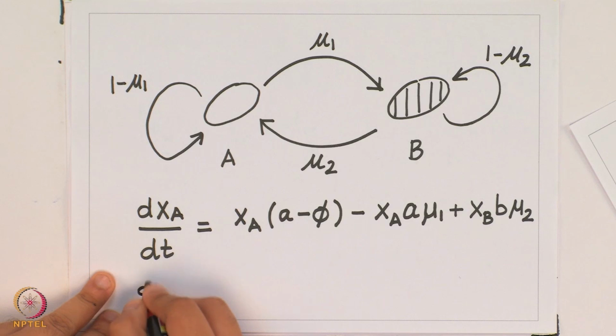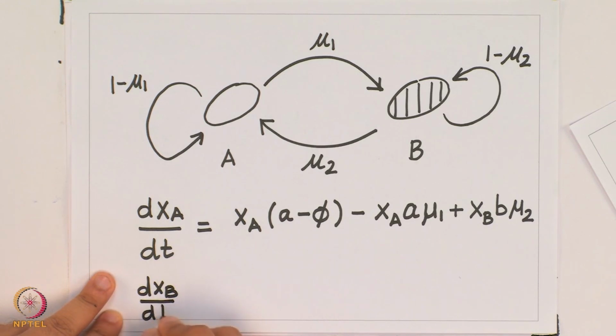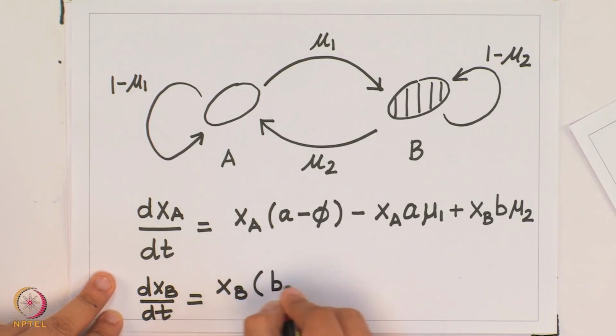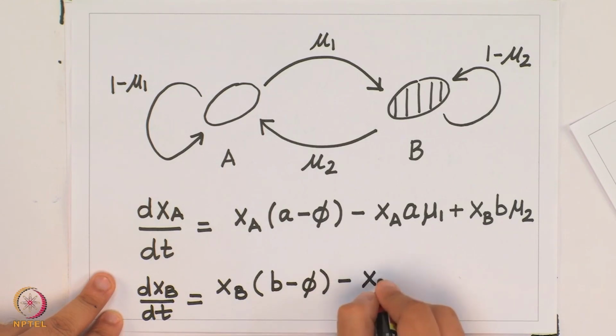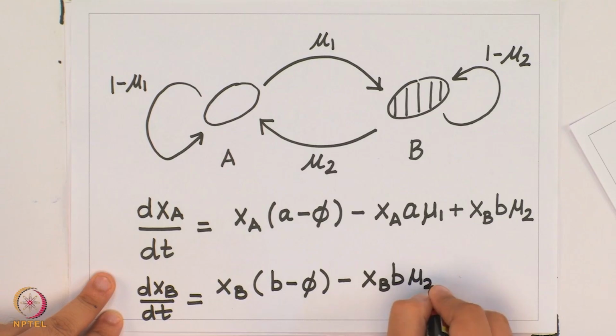Similarly, dxb/dt can be written as xb times (B minus phi) minus xb times B times mu2.